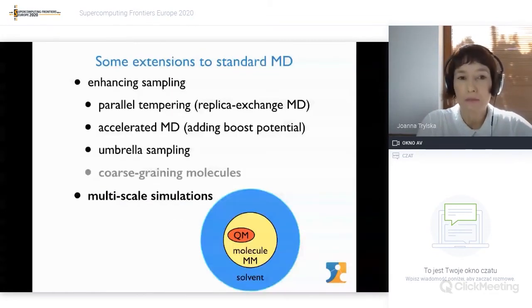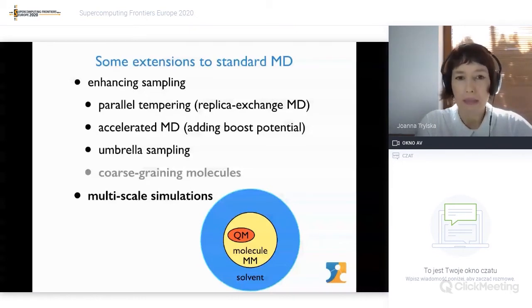So the purpose of MD is to generate conformations, from which we can calculate time averages according to the ergodic hypothesis. So extensive sampling is a must. And standard MD is sometimes not sufficient because conformations get trapped in local minima.